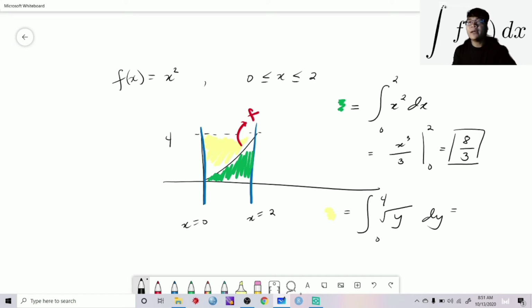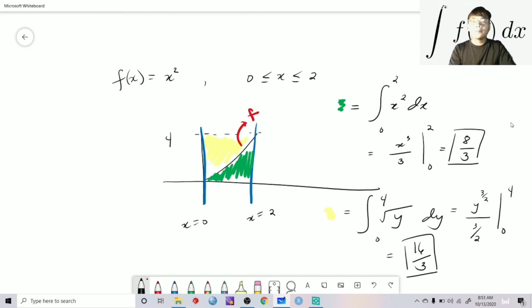If we evaluate this, you will get y raised to 3 over 2 all over 3 over 2, evaluated from 0 to 4. That gives you 16 over 3. So as we can see, the yellow area is not equal to the green area.